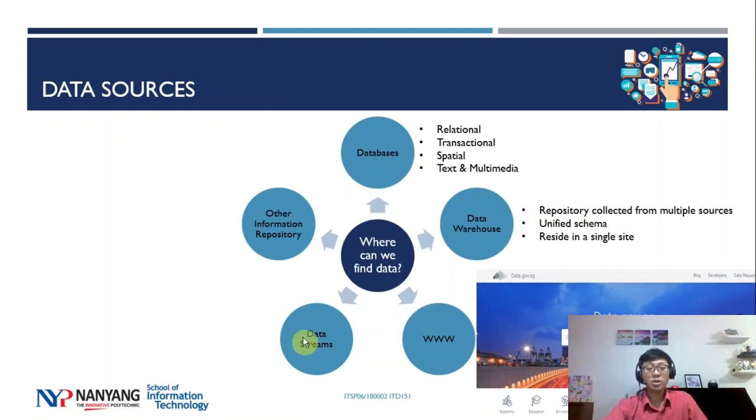The next data source could be coming from regular data streams, streaming from devices. That's where we talk about IoT devices, sensor monitoring. Even if you are monitoring network traffic, you'll be relying on network traffic data coming from the routers, the switches, the hubs.